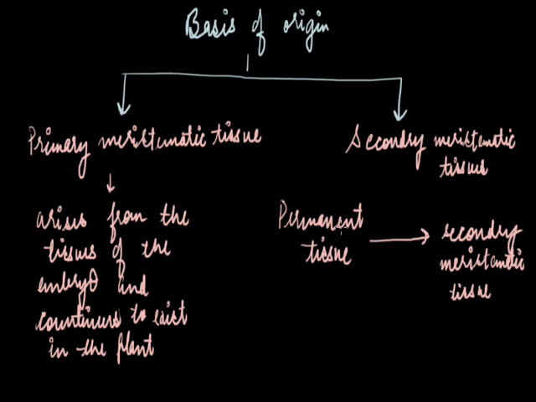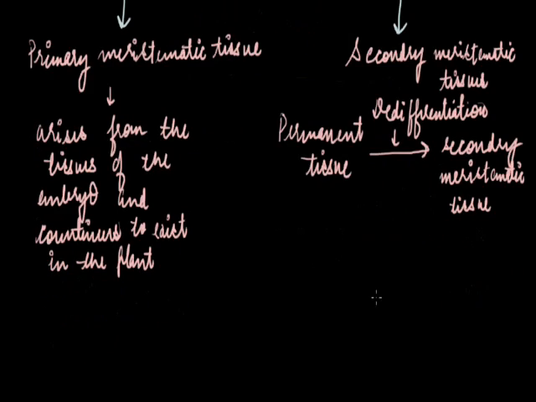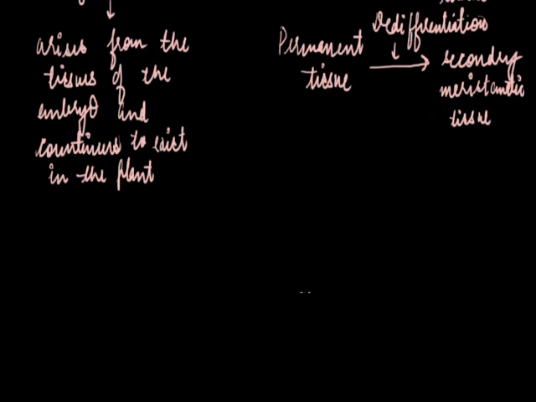So the secondary meristematic tissues arise from the de-differentiation of permanent tissues. Now what is de-differentiation? When there is differentiation in the already differentiated tissue, it is known as de-differentiation.